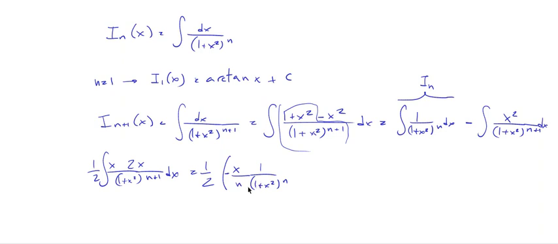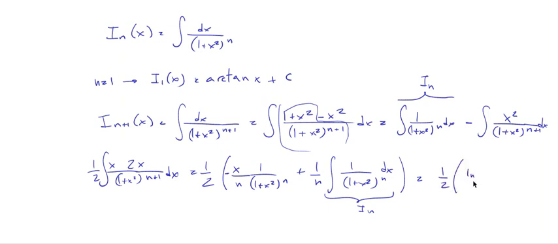You can do it on your own if you want, and then plus 1 over n times the integral of 1 over (1 plus x squared) to the n, times the derivative of x, which is 1, dx. But then again, this is I_n, right? So this is 1/2 of I_n divided by n, minus x divided by n(1 plus x squared) to the n.